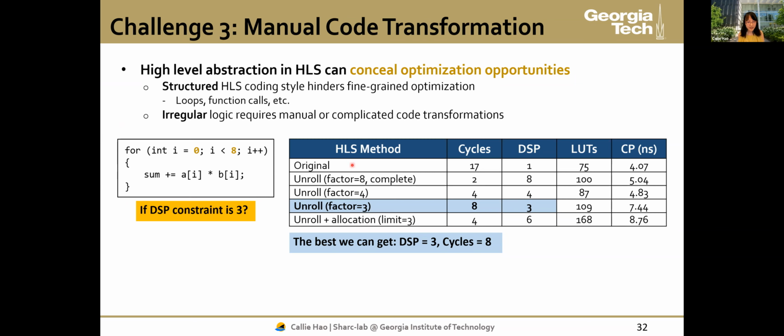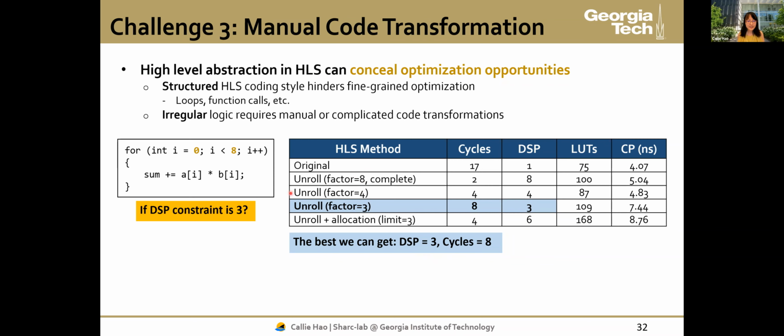If we do nothing, the original solution is, okay, it uses only 1 DSP and it takes 17 clock cycles. And if we do some unroll, we can specify the unroll factor, right? So either it's a complete unroll or it's factor 4 or factor 3.